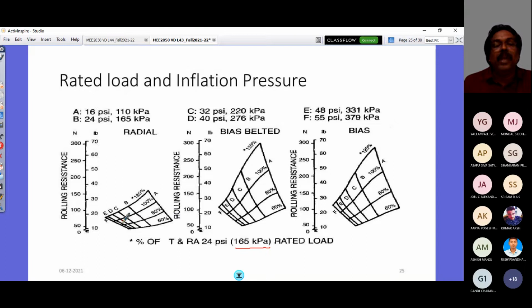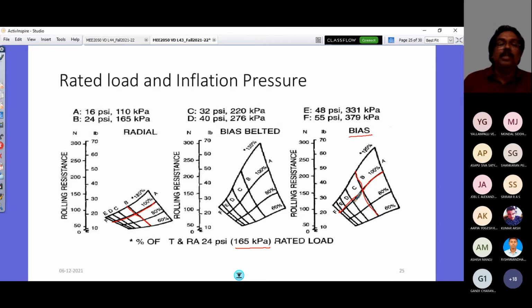So the rated load and the rated inflation pressure is this, in all the graphs you can look at. This plot is for the radial tire, whereas for the bias ply tire you have this.